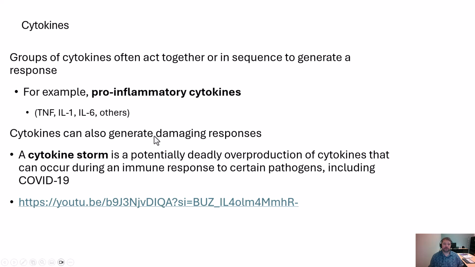You can have a potentially deadly effect from those cytokine storms. That's what we saw with some COVID-19 patients: a huge cytokine storm rushing in and destroying tissue and organs in response to the viral infection.